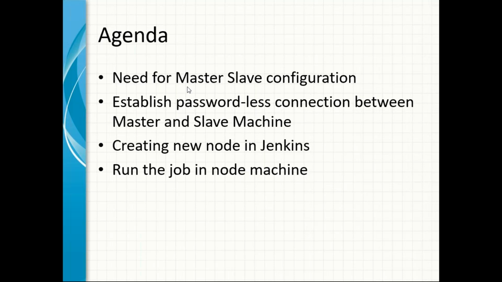We'll learn it. So how to establish a passwordless connection between the master machine and slave machine, that's also important. We learn how to create a new node in Jenkins and how to run the job in the node machine. So all these concepts will be very clear by the end of the session. Okay, perfect.